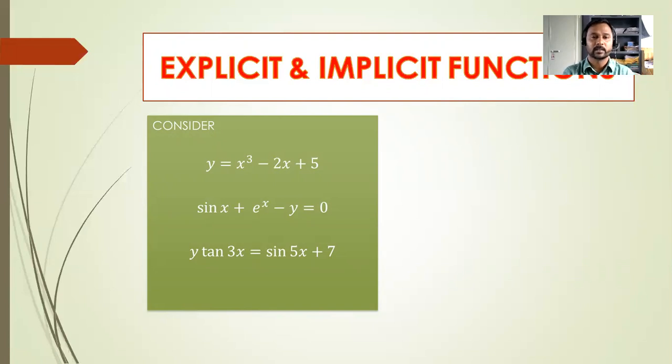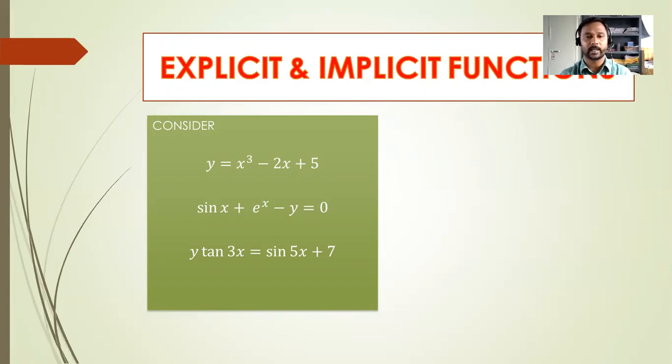See the second one, sin x plus e raised to x. Both are functions of the variable x, minus y equal to 0. We can simply shift minus y to that side so that the second equation becomes sin x plus e raised to x is equal to y. That means the variables x and y are separated.